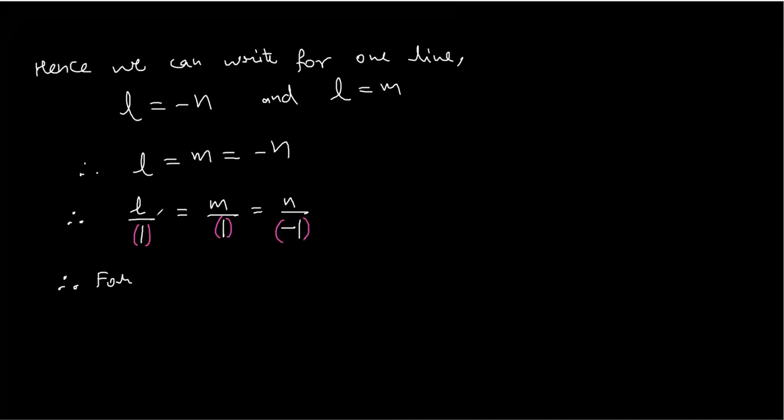So I got the DRs. Therefore, for one line, the DRs are 1, 1, minus 1. I got the DRs of one line.